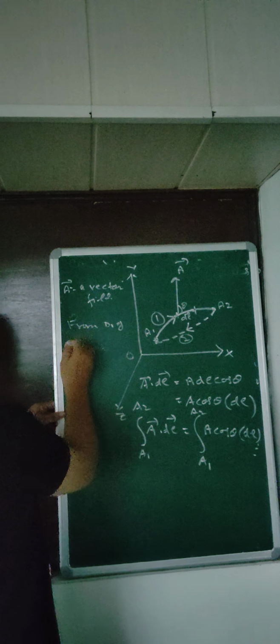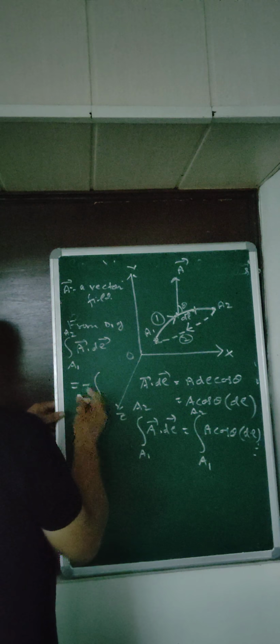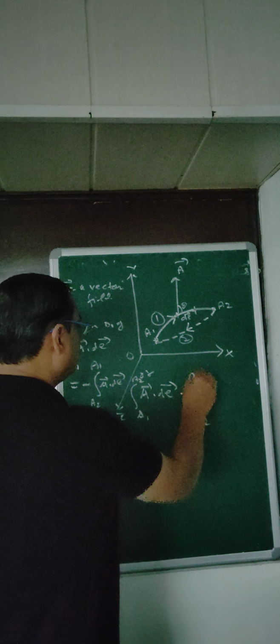So what can we write from the diagram? From the diagram, we see that the integral of A dot dl from A1 to A2 is equal to, since it is opposite, we put a negative sign, and we are now coming from A2 to A1, again A dot dl. Now we bring this to the left hand side. Because of the minus sign, it becomes plus: the integral of A dot dl from A1 to A2 plus from A2 to A1 is equal to 0.